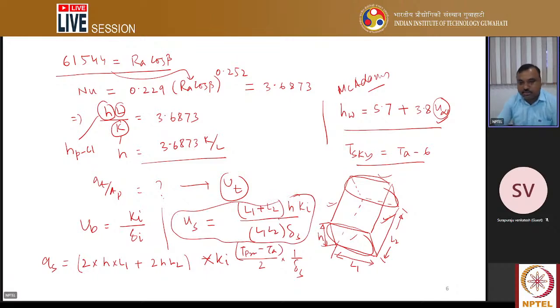If you simplify it, we'll have US. Once you know the dimension of the plate, we can find this, because you have already calculated the other values and these are known. So we can find out US, and finally we can find UL, UB, US, and then UT.